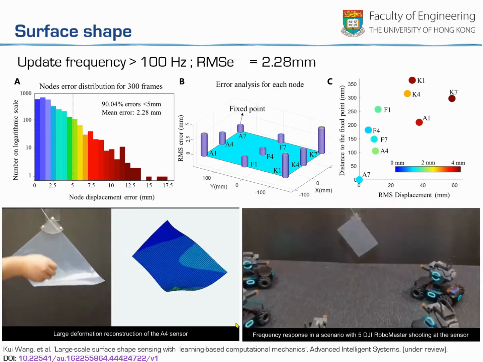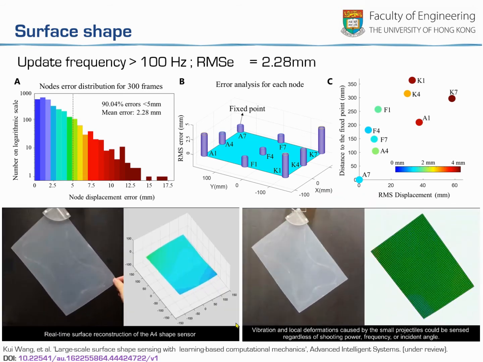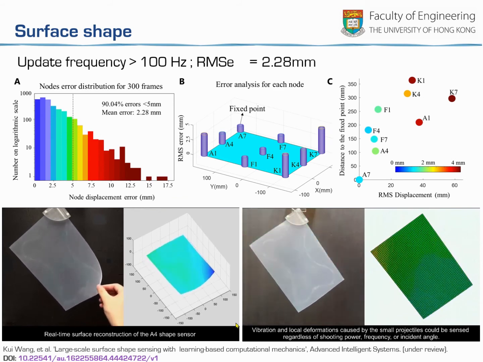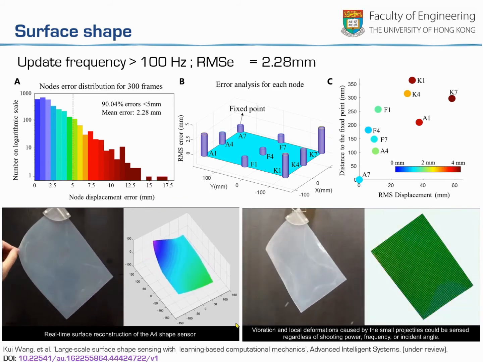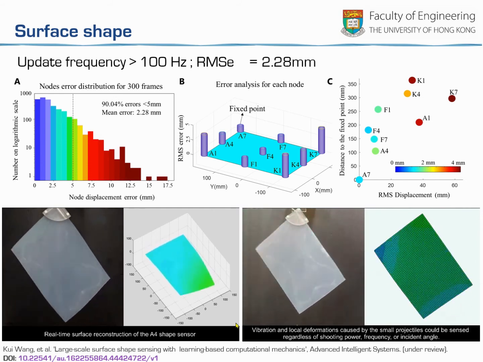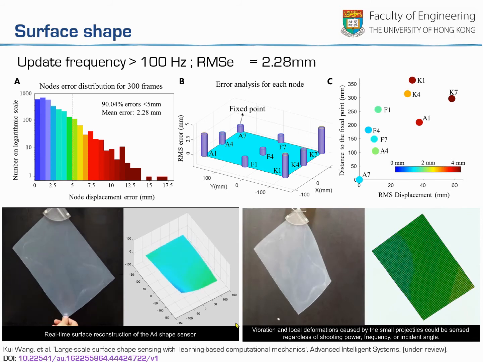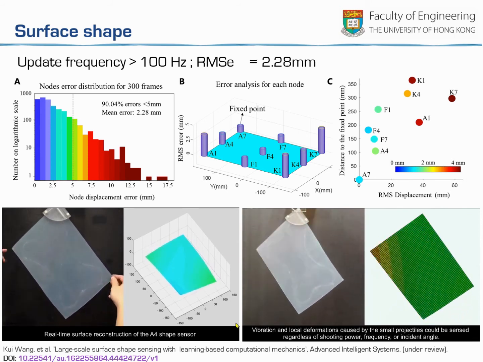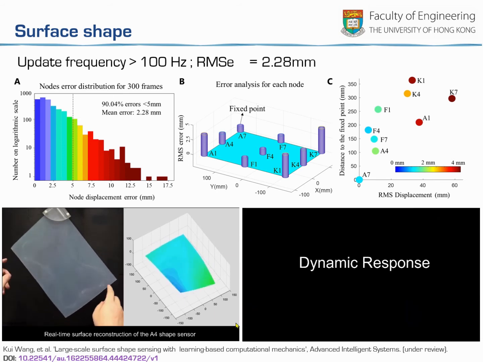It can be seen from the figure that around 90% of the displacement errors are less than 5 mm. Also, we evaluated the long-term sensing repeatability by bending the sensor over 1,000 repeated bending cycles. The result suggests that the sensing was still promising, with a stable and reliable response.